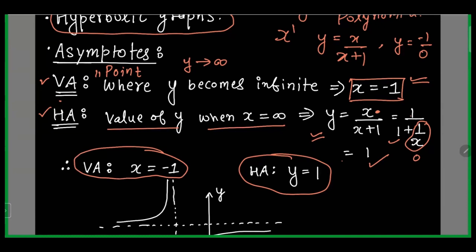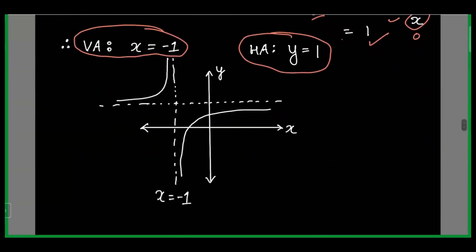Once you know this information, then you can easily make the graph. How? Let's draw your vertical asymptote. Your vertical asymptote is x equals minus 1, so we made a vertical line at x equals minus 1. And let's make the horizontal asymptote, which is y equals 1. So we made a line at y equals 1.